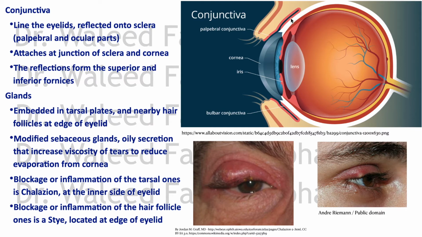This is called the ocular part. So it has palpebral and ocular parts on the sclera, and ends at the level of the cornea. This is the cornea, the corneoscleral junction. It ends at the corneoscleral junction.